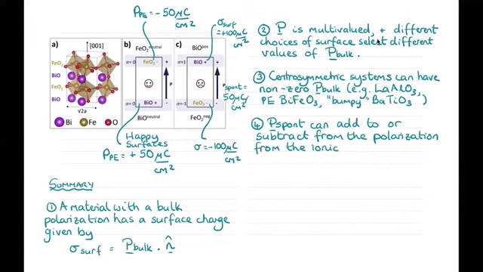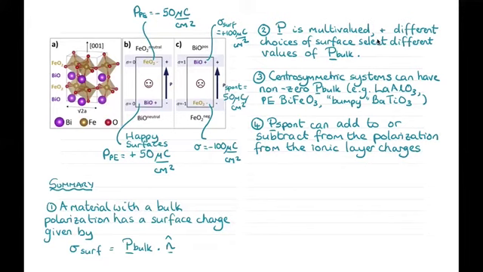We looked at the example of the spontaneous polarization of bismuth ferrite having the same size as the half polarization quantum of the paraelectric structure.